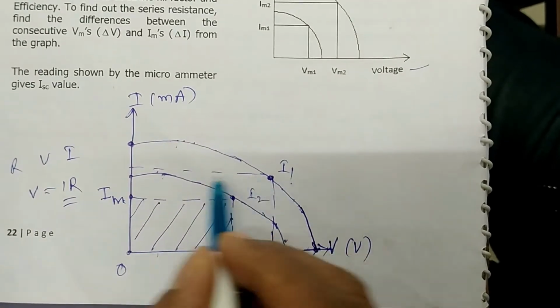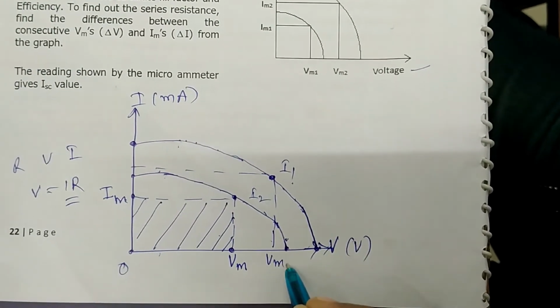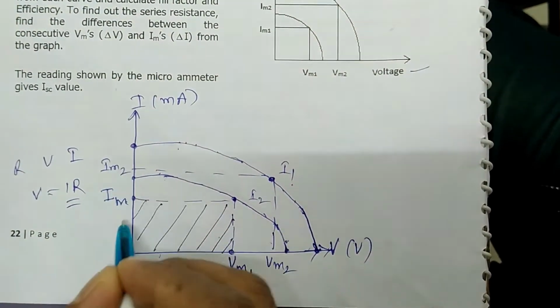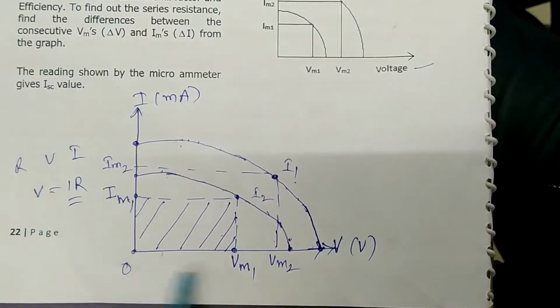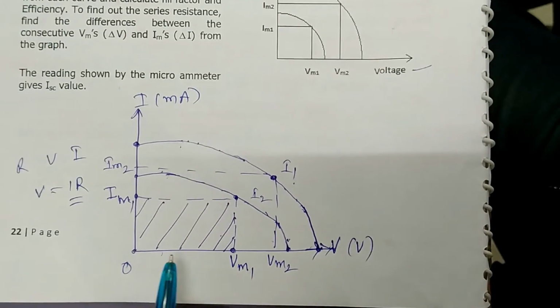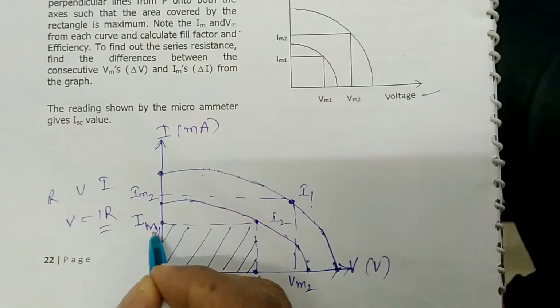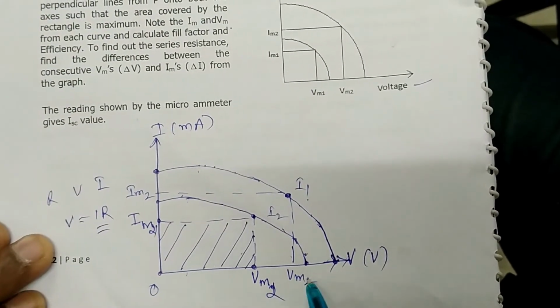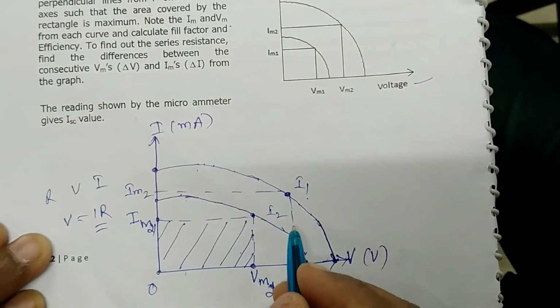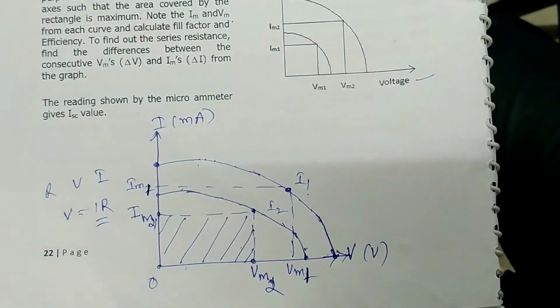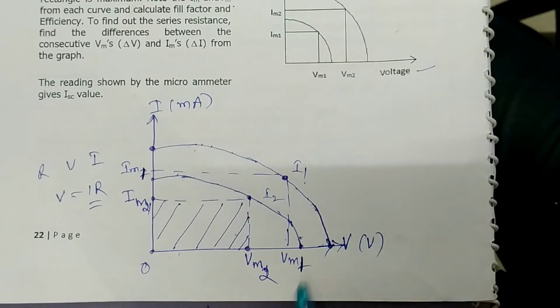And similarly for the second curve we'll get VM2, and correspondingly I'll get IM2. VM1, IM1 are the maximum voltage and current for intensity 1. Okay, sorry, this I should write as 2, because the higher the current, the higher the intensity. Therefore, I should write this one I1, I2, VM2, VM1.